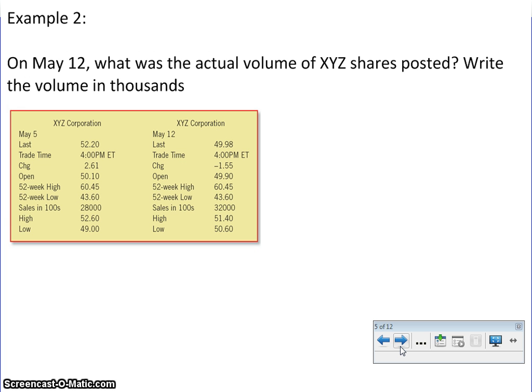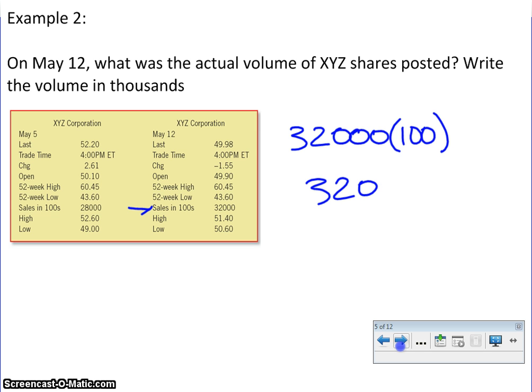Example 2, on May 12th, what was the actual volume of the XYZ shares posted? Write the volume in thousands. So if we go to the 12th and we see the sales, it's in hundreds. So we need to take the 32,000, but it's 32,000 hundreds. So we multiply it by 100 and we end up with 3.2 million.